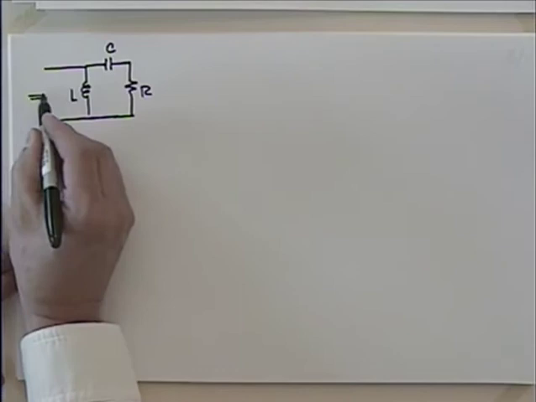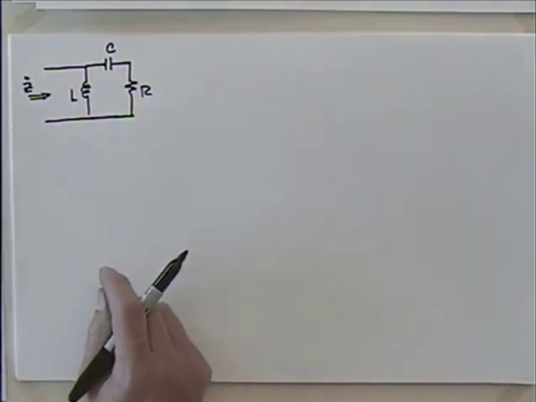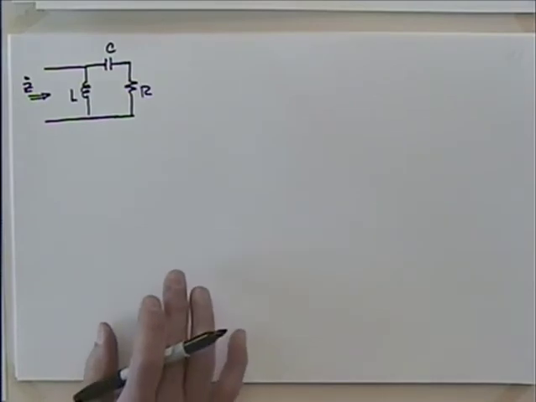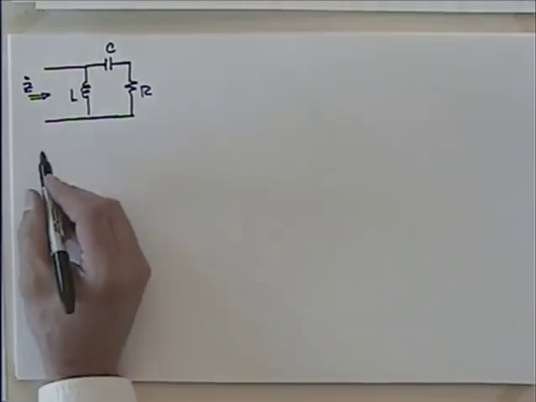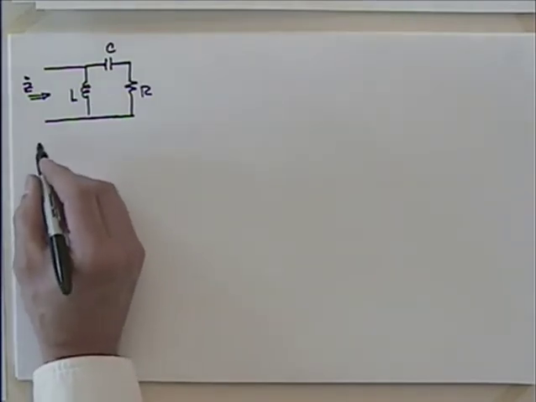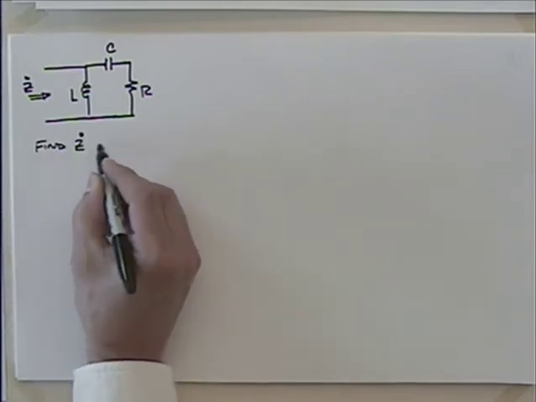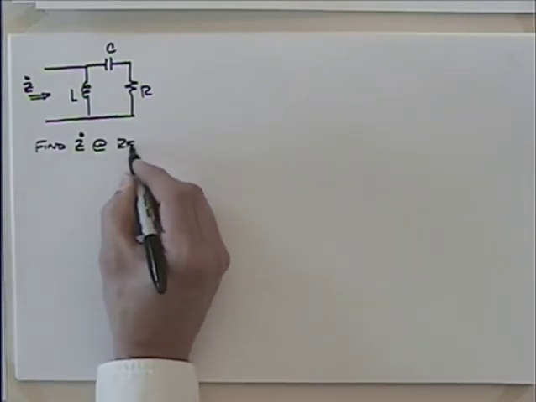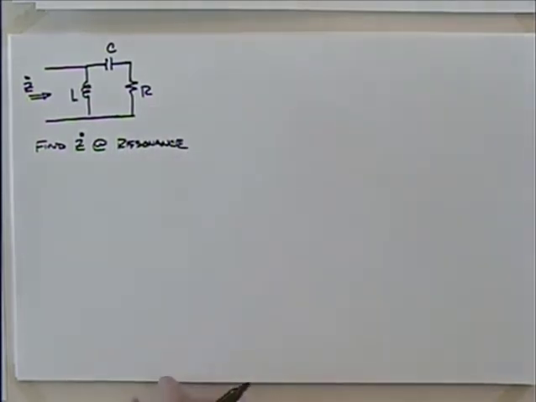And we will look into these terminals and talk about the impedance Z. And if I'd like to find the resonance, what Z is at resonance, okay, I can go through this process.